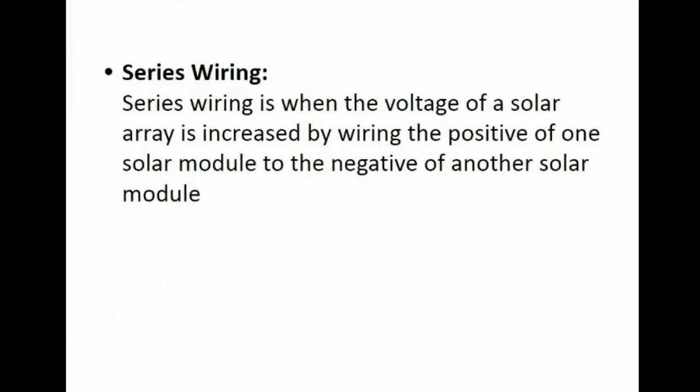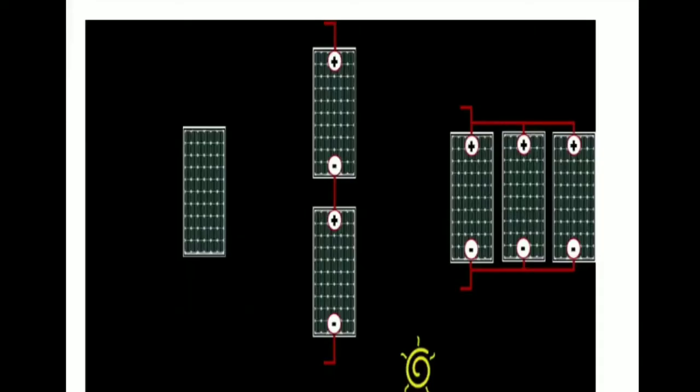Series wiring is when the voltage of a solar array is increased by wiring the positive of one of the solar modules to the negative of another solar module. A single solar module is shown here.